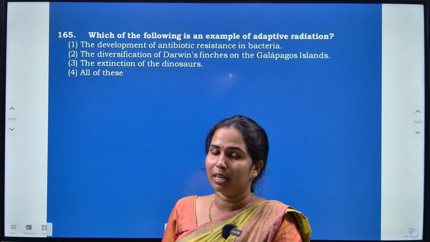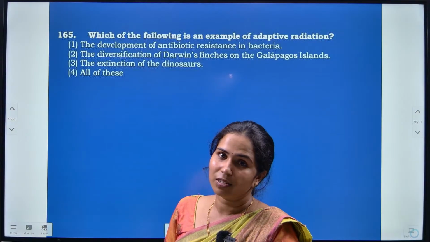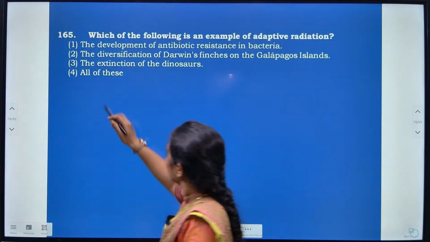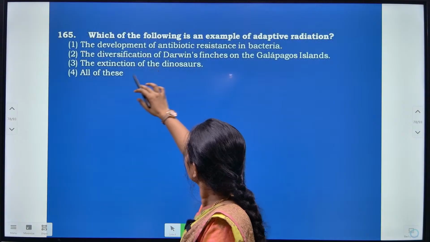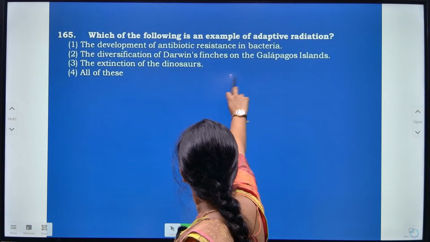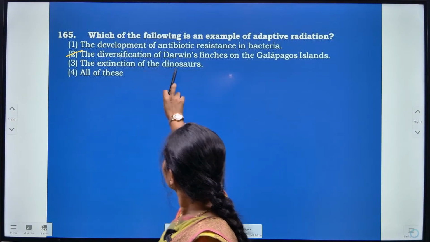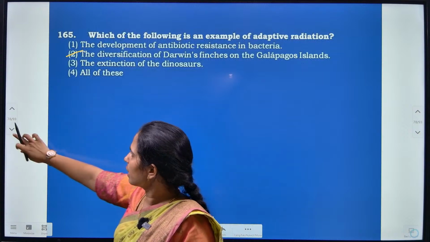The finches are named after Darwin, and he went on a boat called the Beagle. So here, the development of antibiotic resistant bacteria, extinction of the dinosaurs, none of this is the right option. The right answer is the diversification of Darwin finches on the Galapagos Islands.